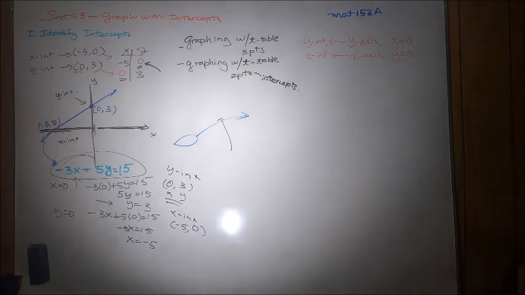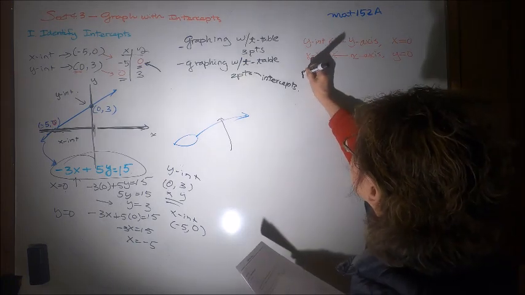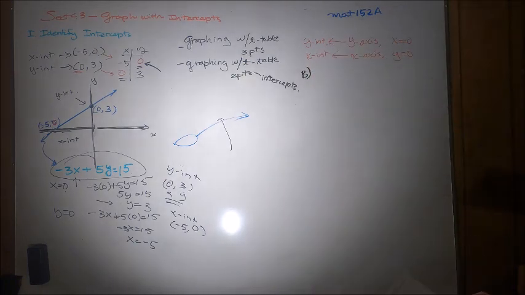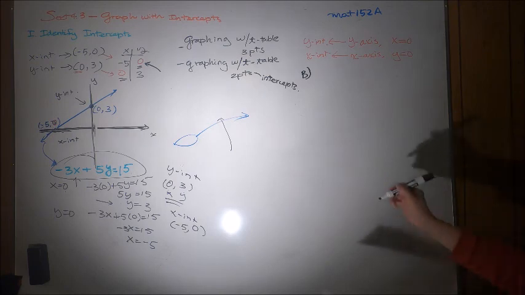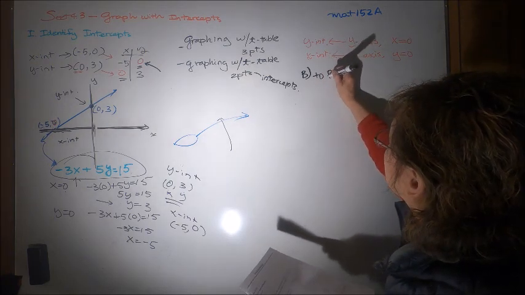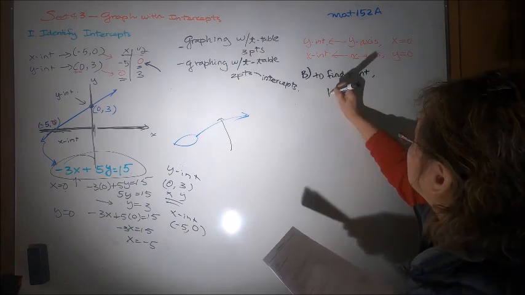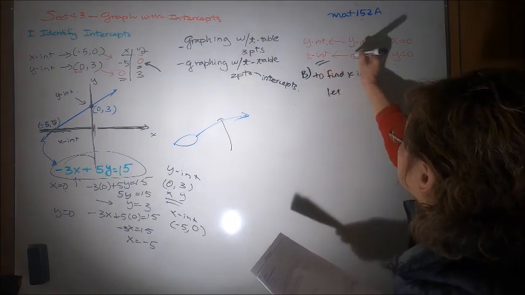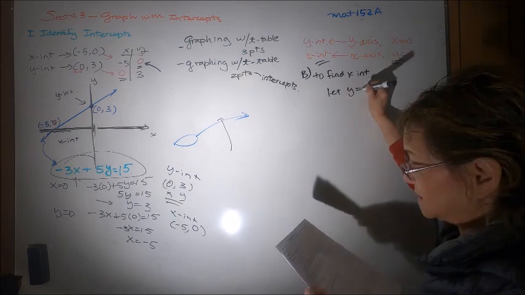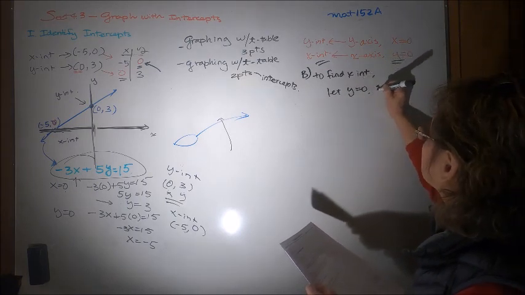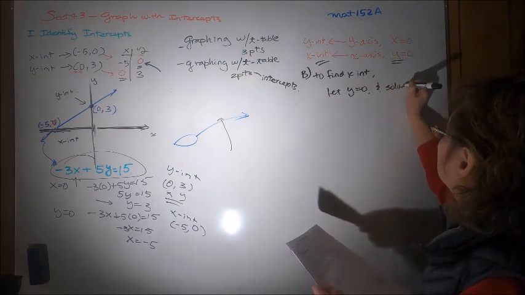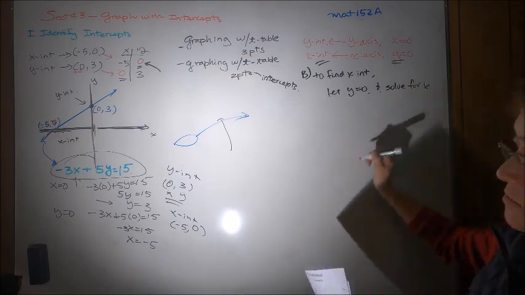Right? So then in general, you will say this way. To find the x-intercept, we will let what? We will let y be 0 and solve for x.